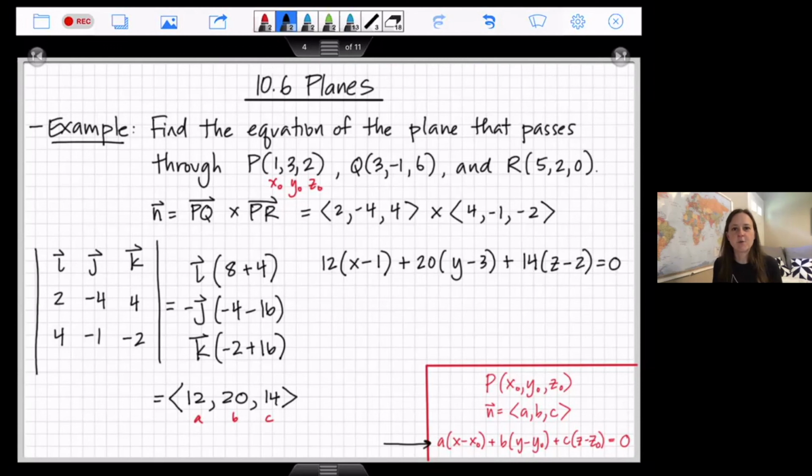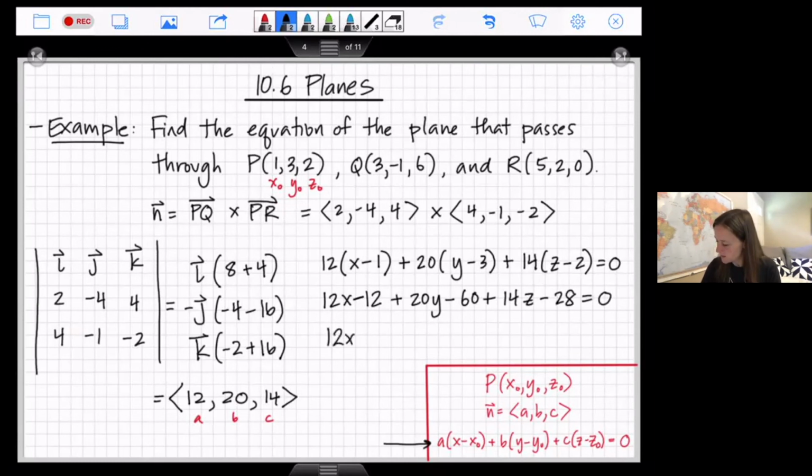Let's go ahead and write it in general form as well. So distribute the 12, distribute the 20, distribute the 14. All right, so we're going to leave all of the variable stuff on the left. So 12x plus 20y plus 14z.